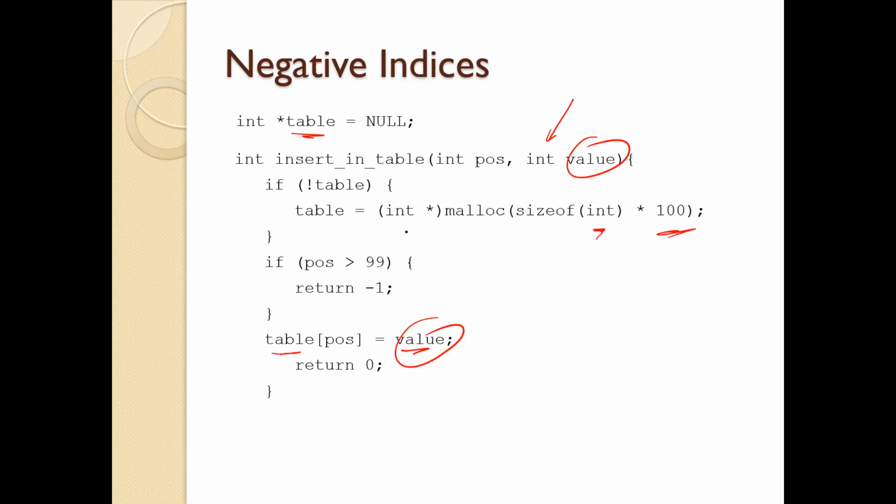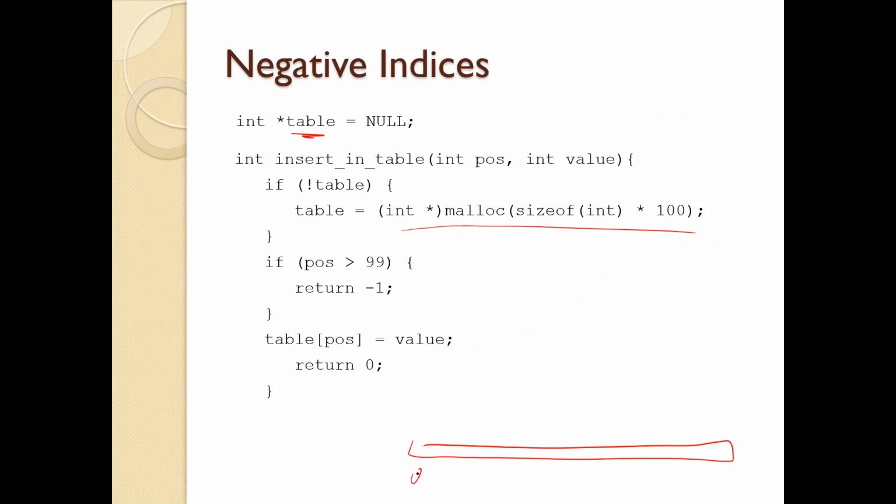And notice over here, you're checking that the range falls within 0 to 99. So technically you have a buffer from 0 to 99.